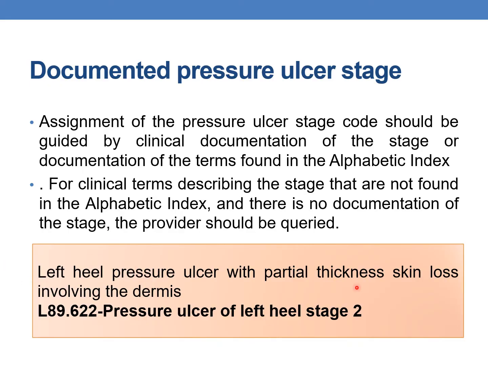Under stage 2, you can see partial thickness skin loss involving the dermis. So it indicates that this documentation leads to stage 2. So partial thickness skin loss involving dermis is a stage 2 ulcer. So you need to code left heel stage 2 pressure ulcer. The appropriate code is L89.622, which indicates pressure ulcer of left heel stage 2.